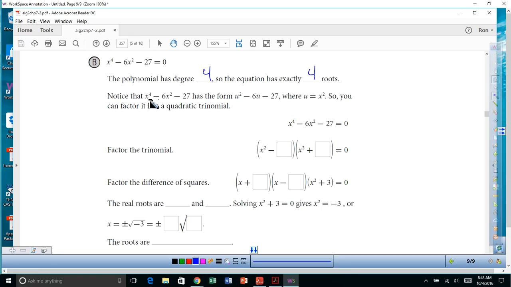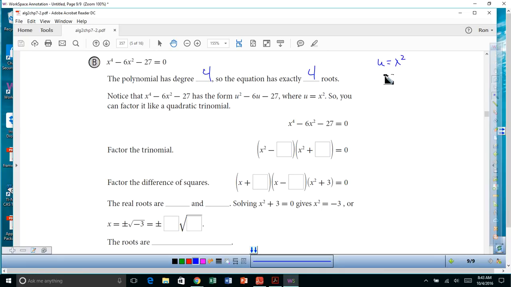Notice that x to the fourth minus 6x squared minus 27 has the form of u squared minus 6u minus 27, where u equals x squared, so you can factor it like a quadratic. The way you do that, let u equal x squared.